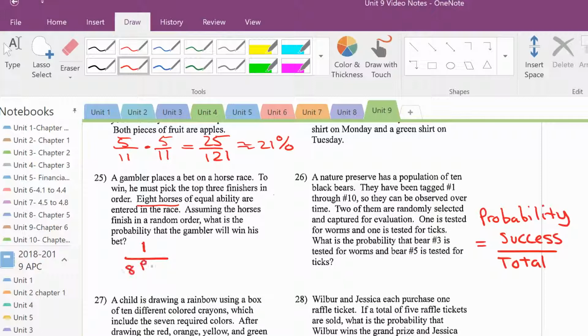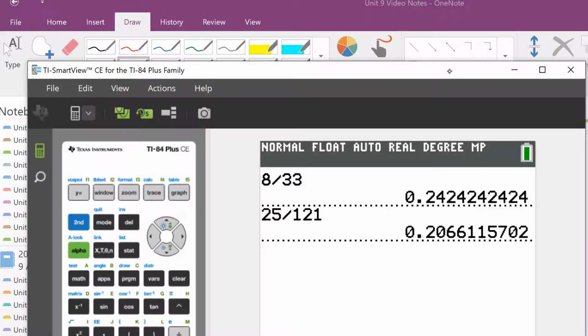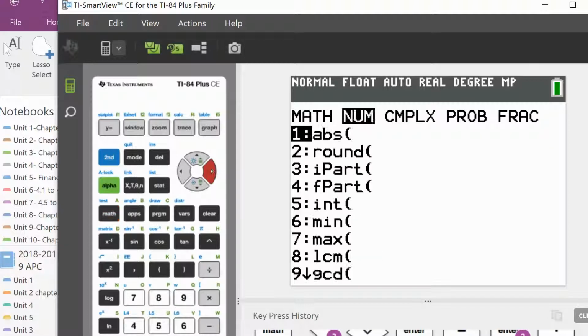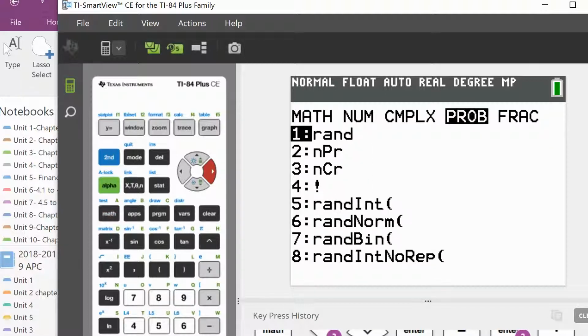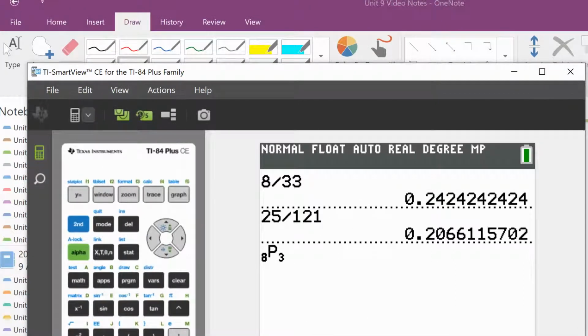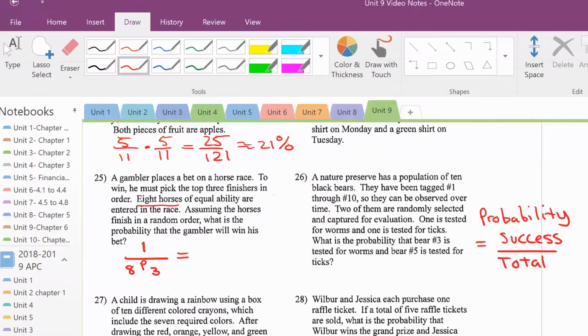So you go 8 permutation 3, and you get 336.